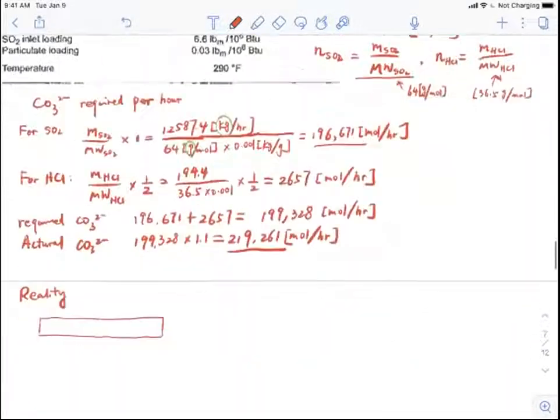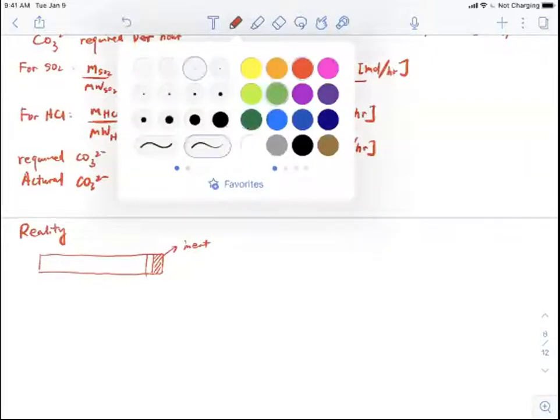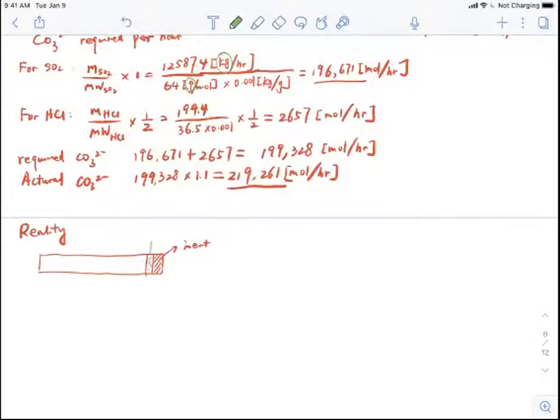If you draw it on this bar, you have 4.5% as inert, 1.5% as magnesium carbonate, and the remaining 94% is calcium carbonate.